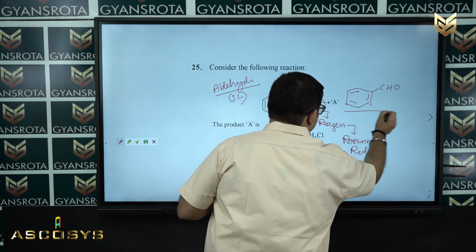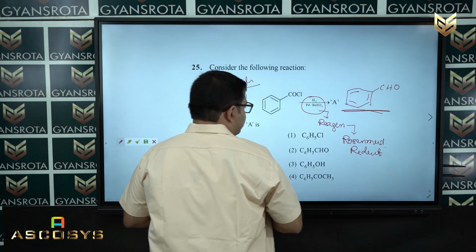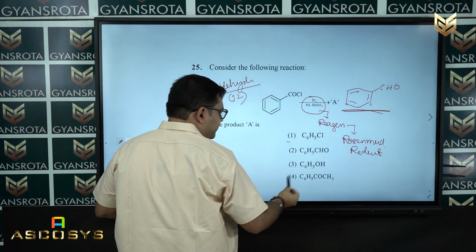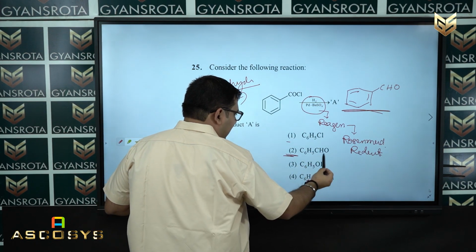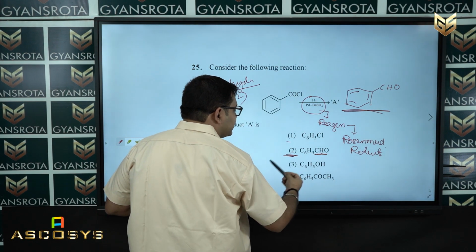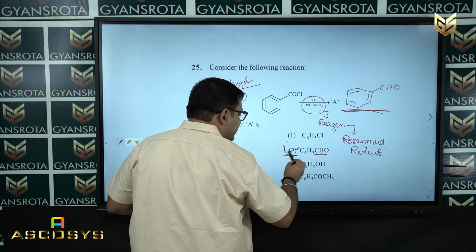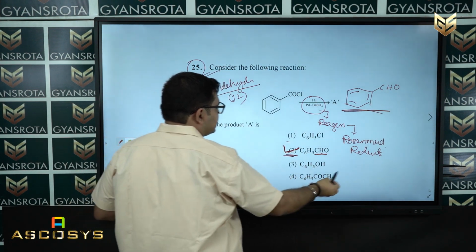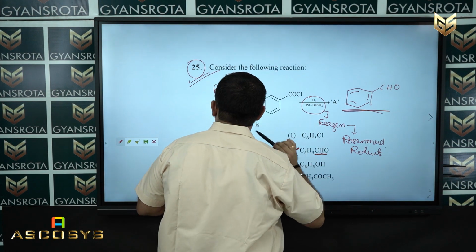This is the product. Now in options 1, 2, 3, 4, option number 2 is where the aldehyde group is attached, so option number 2 is the correct answer of question number 25, and this reaction is known as the Rosenmund reduction reaction.